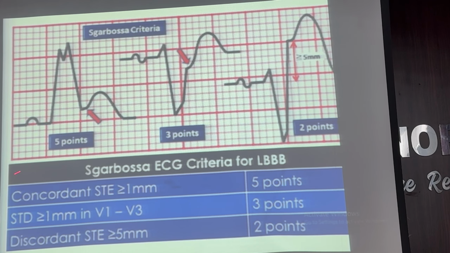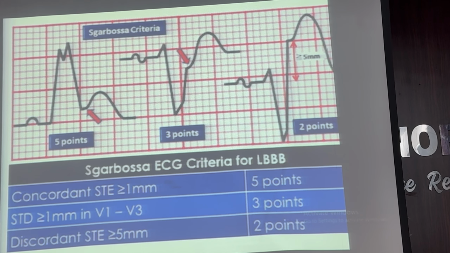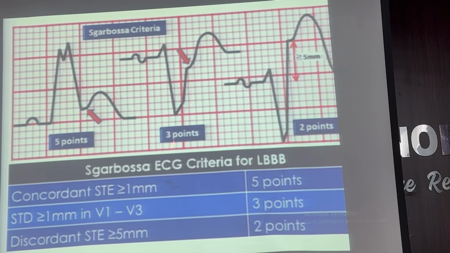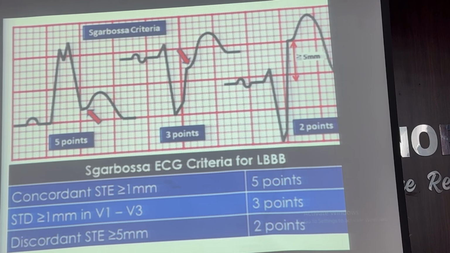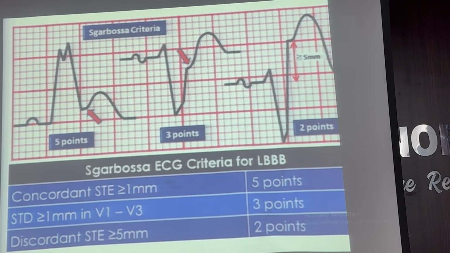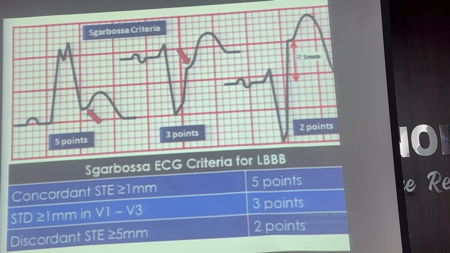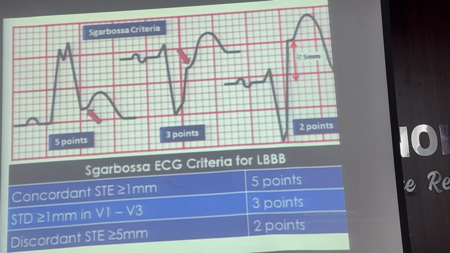Rather than depending on this criteria to make a diagnosis, in which case you will miss most of the actual STEMIs, one study says it's more sensitive to take a ratio of the ST elevation to the S wave.